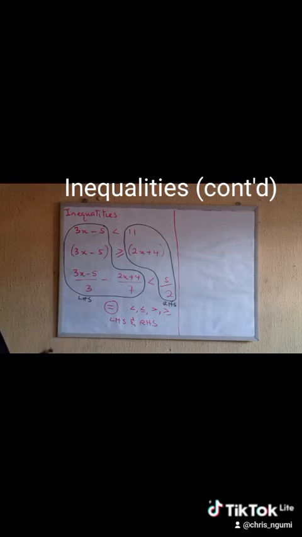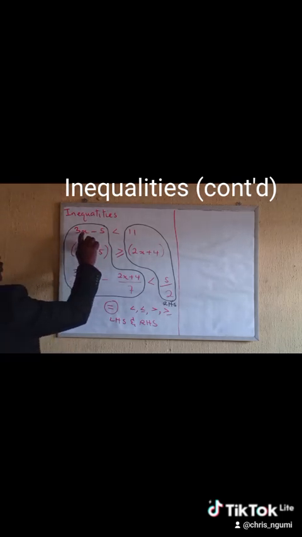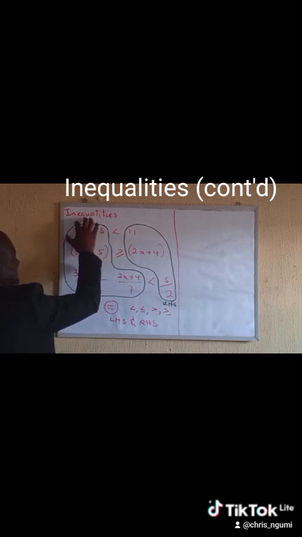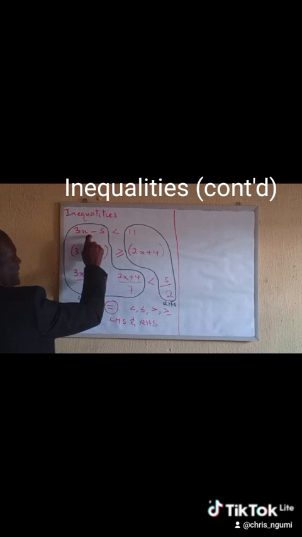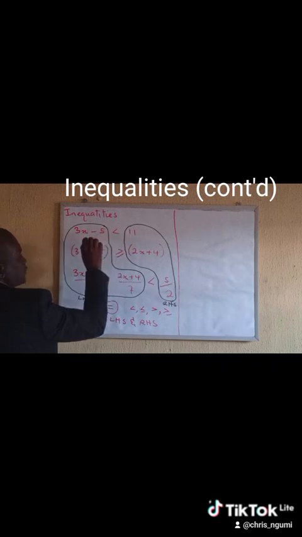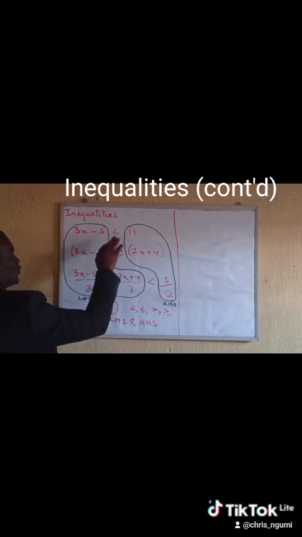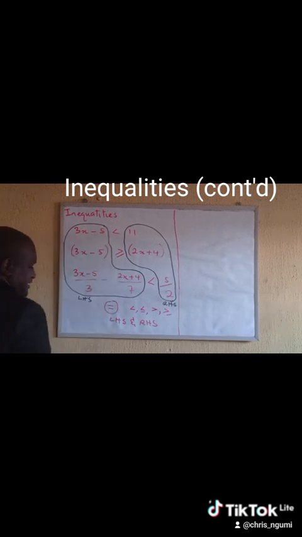Now, in this simple one, it means that if this unknown is found and substituted on the left-hand side, for it to be true, the value you get will always be less than this 11. And less than 11, if they are whole numbers, then it should be any number like 10 downward, which we shall treat in our next class.